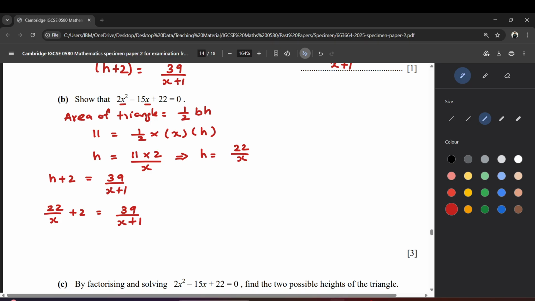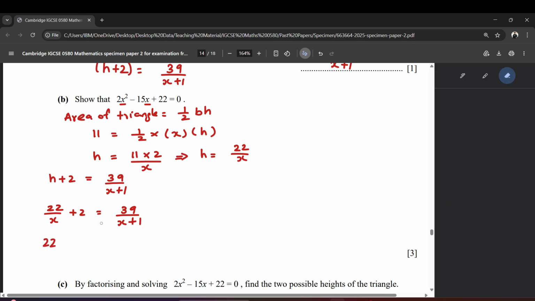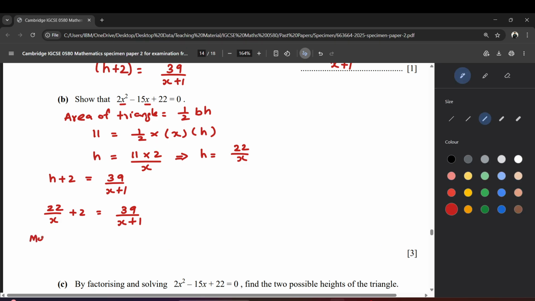First of all, let's multiply everything by x, both sides. Let me write this down.